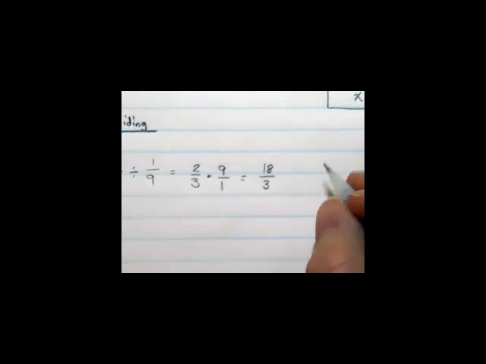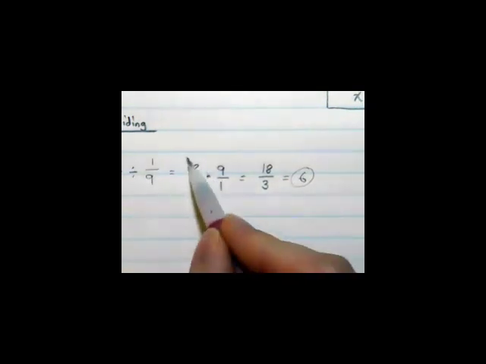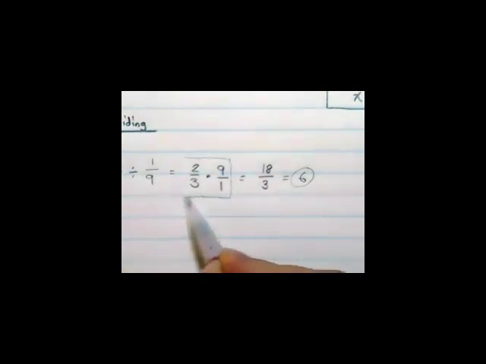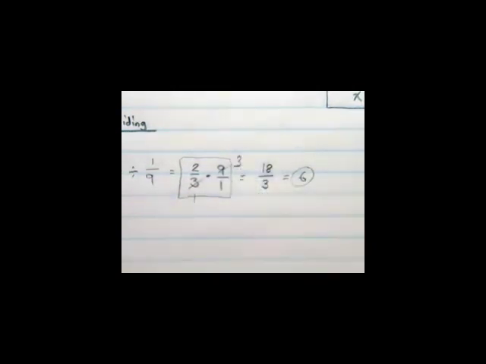Then 2 times 9 is 18, 3 times 1 is 3, and you can reduce that fraction, which comes out to 6 this time. But when you're at the stage of turning it into a multiplication problem, you can still do some reducing right in the problem, like make it a 1 and a 3, and then 2 times 3 is 6, 1 times 1 is 1.